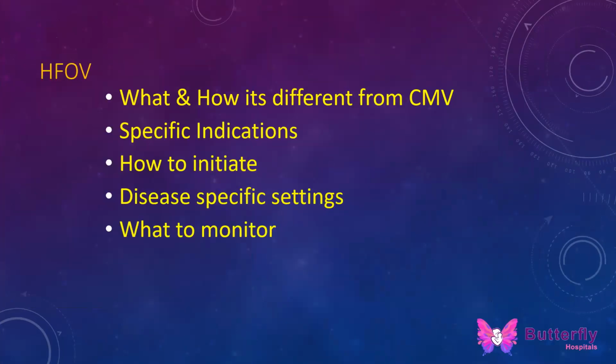So basically the question comes, what is it and how is it different from conventional mechanical ventilation? When we say conventional mechanical ventilation, we talked in the last two lecture series about SIMV, SIPPV, VSV, pressure ventilation, volume ventilation.